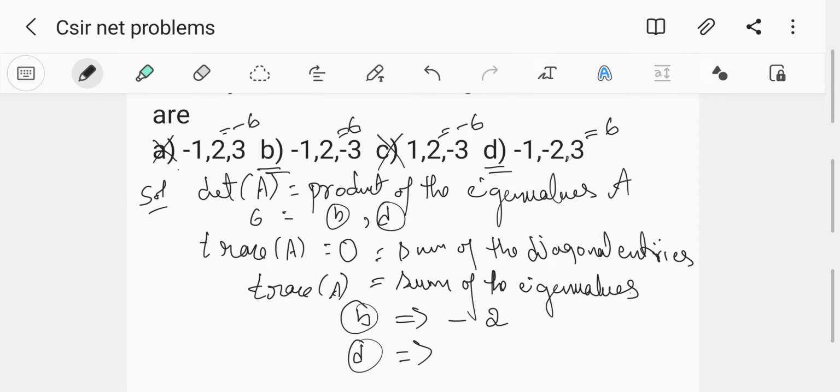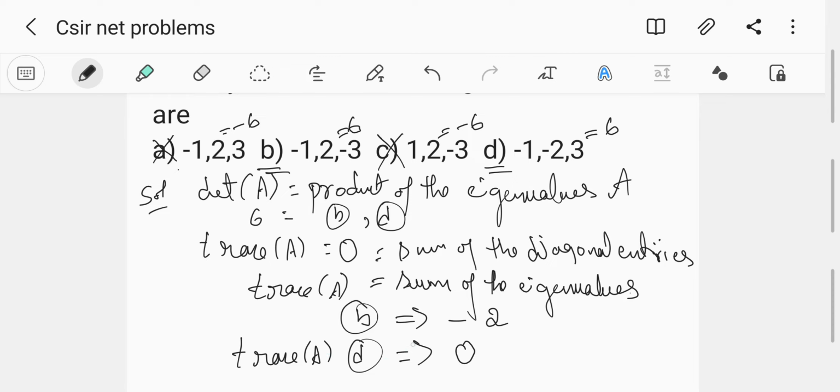Adding the eigenvalues of option D, minus 1 minus 2 is minus 3, plus 3, gives 0. So trace of A is equal to 0 for option D. Determinant of A equal to 6 and trace of A equal to 0 are both satisfied by option D.